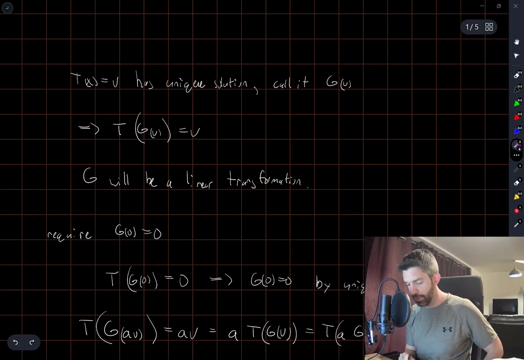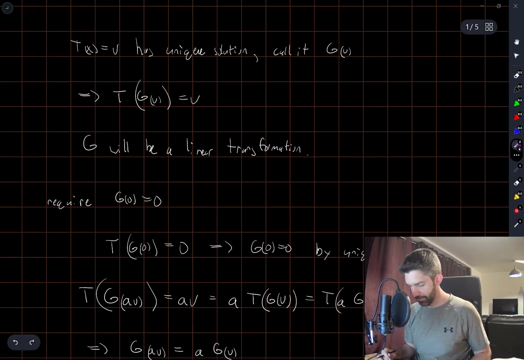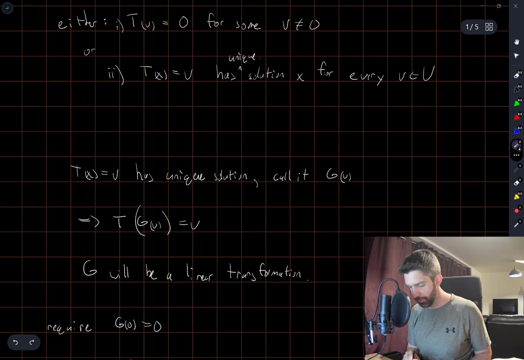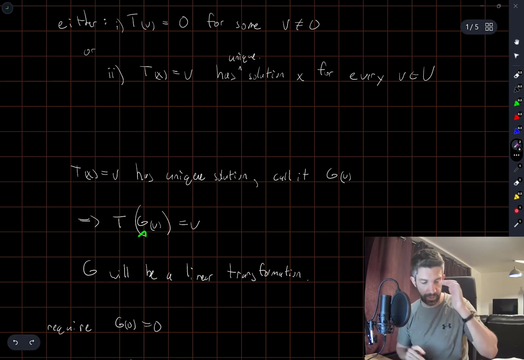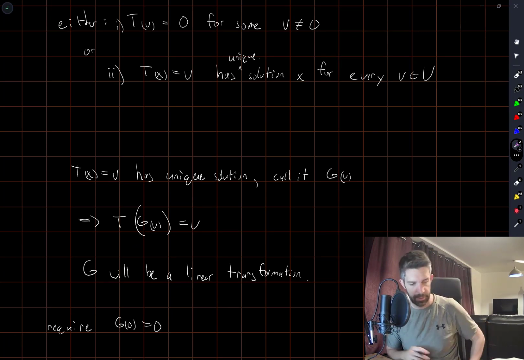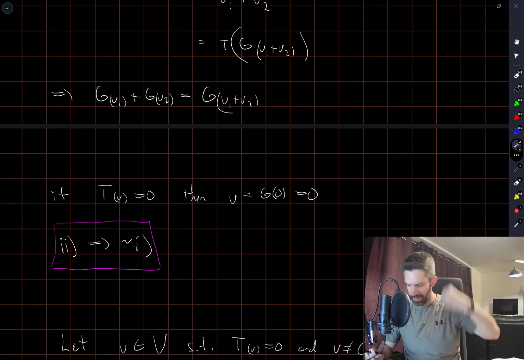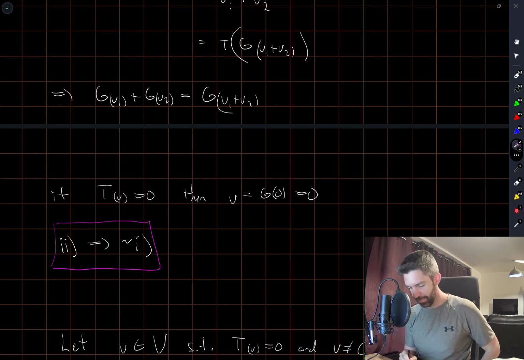I really only needed it to be a right inverse. Yeah, was proving that g itself was a linear transformation completely necessary? Actually, I don't think so. No, not at all.